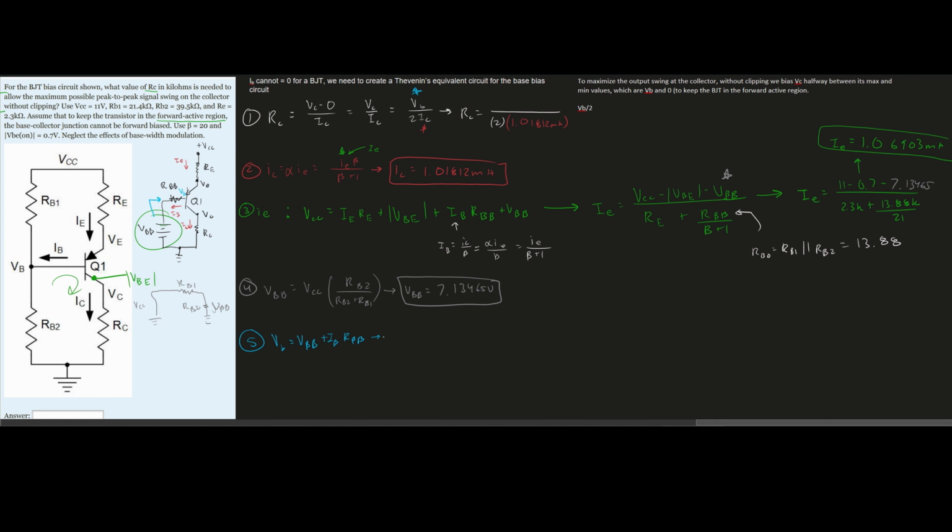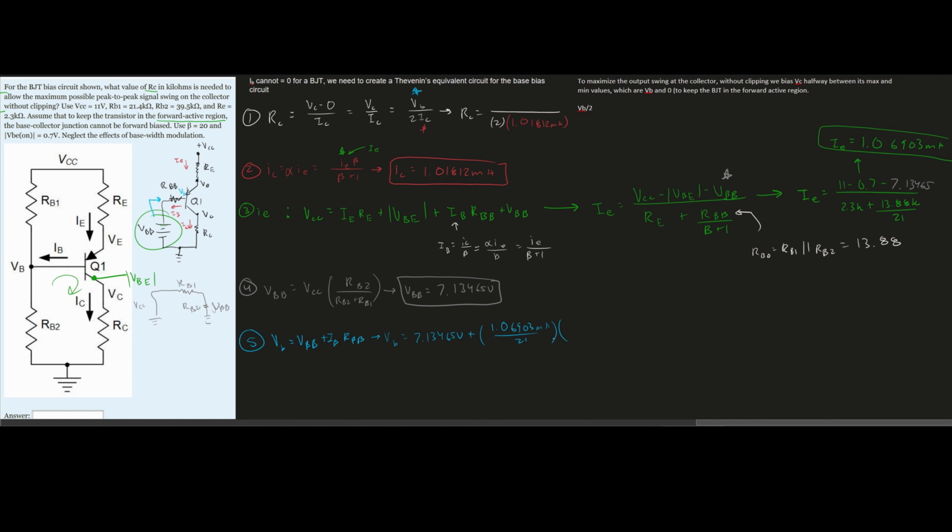So now we can plug in our values. VB is equal to 7.13465 volts. We have plus our IB, and our IB we can find by putting our IE over beta plus 1. That's what we did right here. So we're going to have 1.06903 milliamps over our 20 plus 1, so that's going to give us a 21.